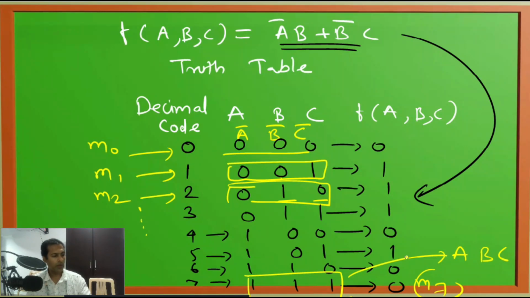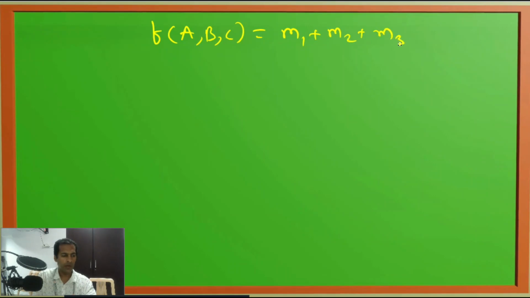So this function, we can also represent like f of A comma B comma C is equal to m1 plus m2 plus m3 plus m5. We can write it in this form also for our previous expression, right?